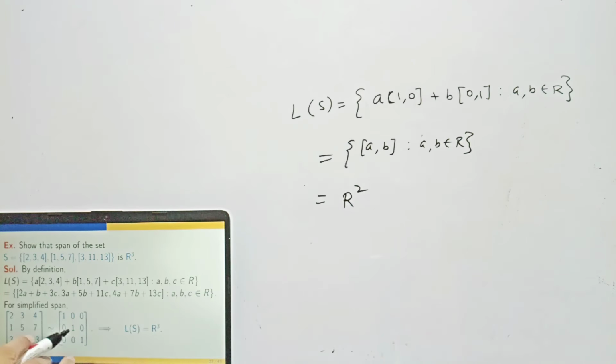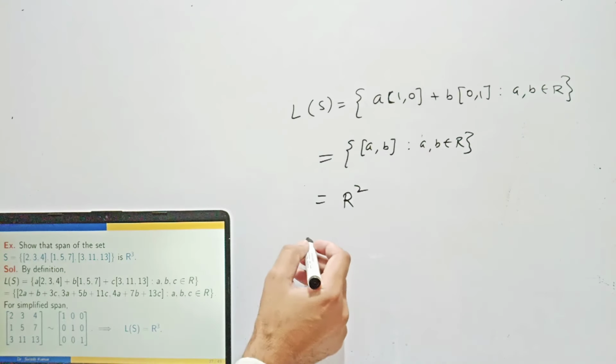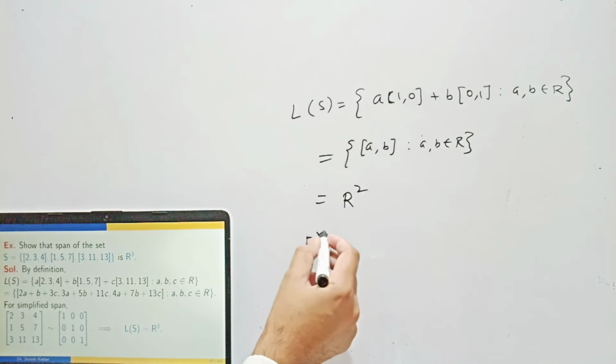If you write the simplified span, then it's easy to identify what the linear span is. So its RREF is this matrix, and from this we can see a times first row plus b times second row, c times third row vector. Then we get exactly R3. So for simplified span, what to do? Find RREF. In case of R3, R4, etc., in case of Rn, you can say.